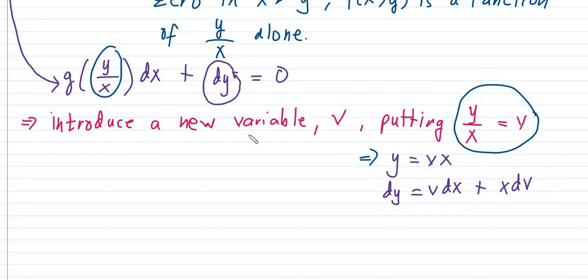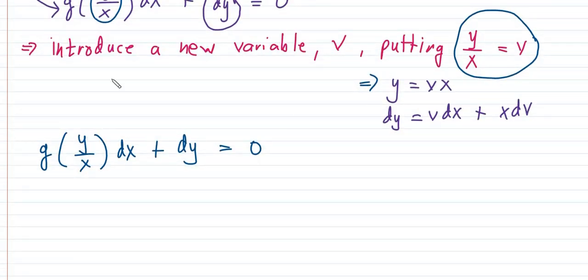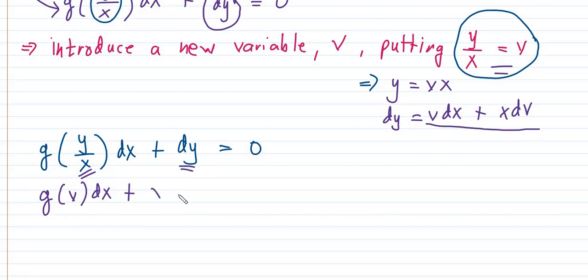Look at what will happen to our differential equation. I have g of y over x dx plus dy is equal to 0. Y over x is v, so this becomes a function in v. Differential x plus differential y is v dx plus x dv, equal to 0.